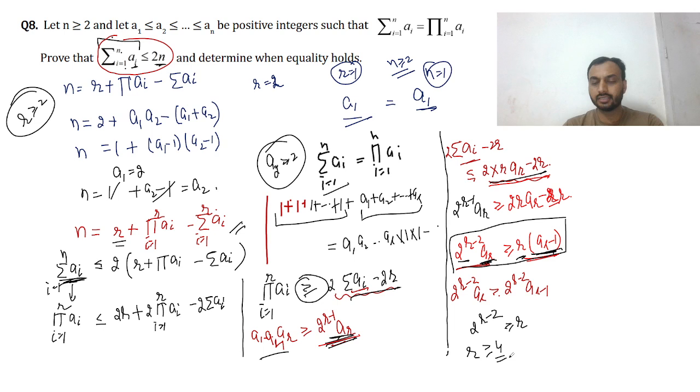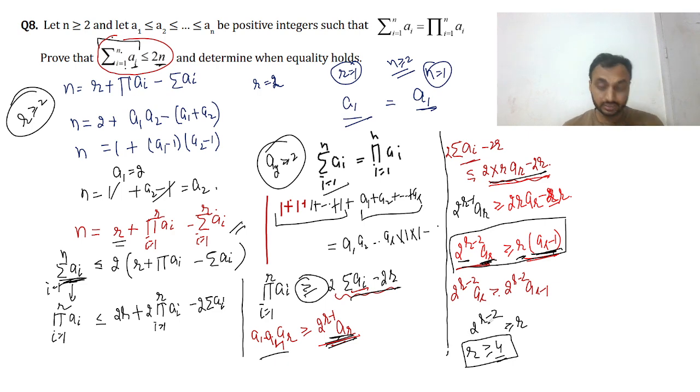This is true when r is greater than equal to 4. So I can say that this inequality is satisfied when r is greater than equal to 4, meaning summation of ai is less than equal to 2n. That leads us to this condition, that if r is greater than equal to 4, then this inequality is proved.